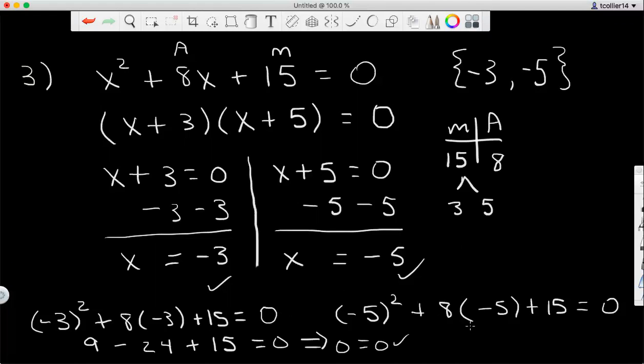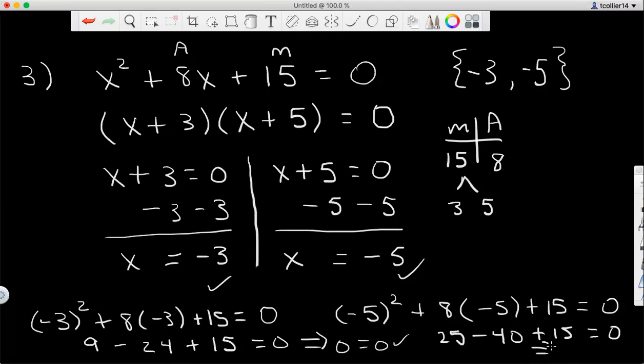All right, over on this side, I've got -5 squared. That's going to be +25. I've got 8 times -5. That's going to be -40. And then I bring down my plus 15 equals 0. Okay, so 25 plus 15 is going to give me 40. 40 minus 40 is going to give me 0.